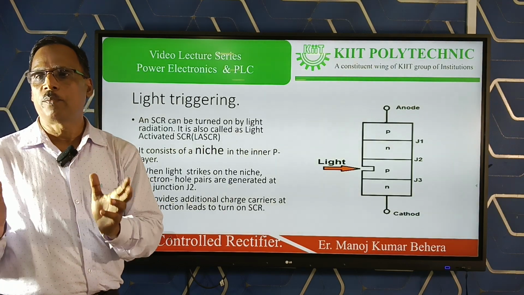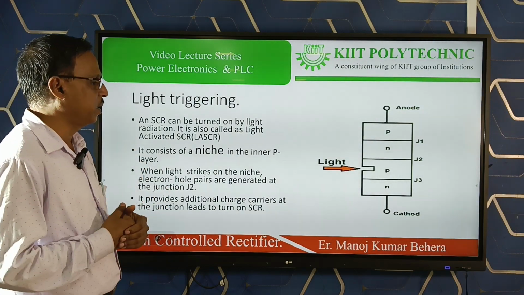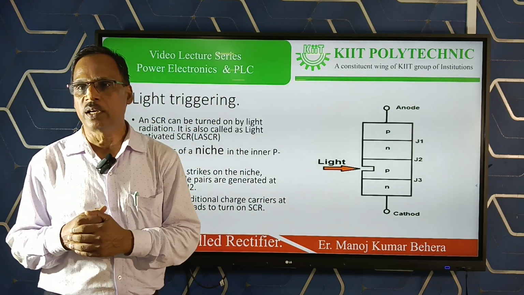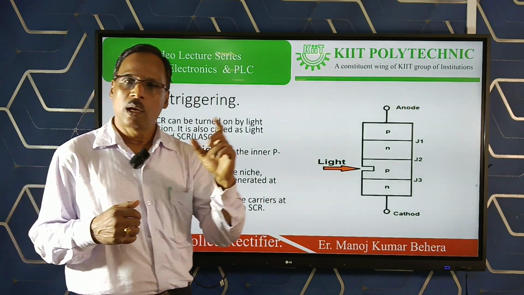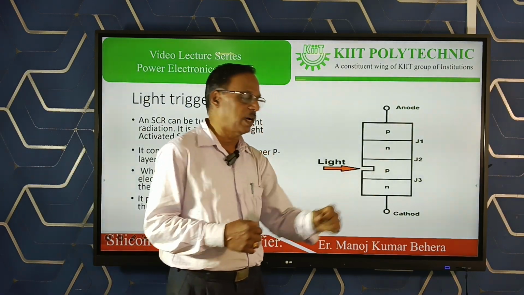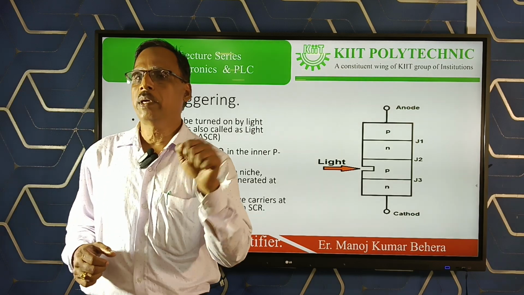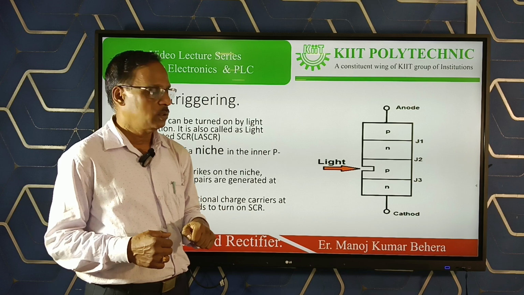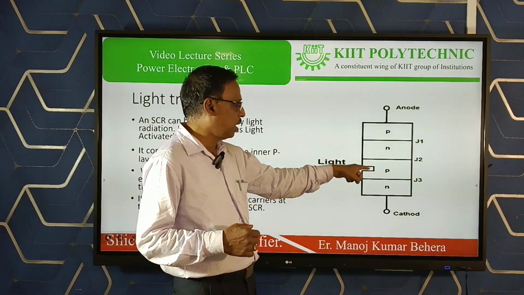Next method of triggering is light triggering. When the SCR is in forward bias condition, the anode is connected to the positive side of the supply and the cathode is connected to the negative side of the supply. We can apply light to junction J2. There is a terminal here, called a niche.